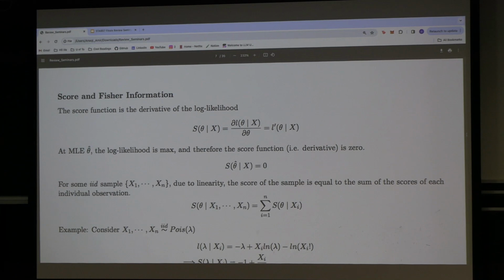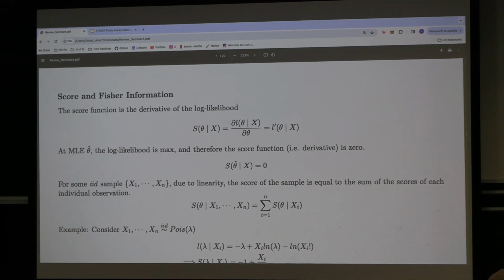So we've seen likelihood. We've seen likelihood for an IID sample. We've seen log of likelihood. And what does likelihood and log of likelihood inherently represent? What does it mean for those values to be high or low?